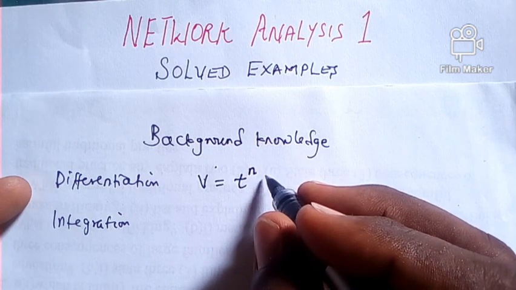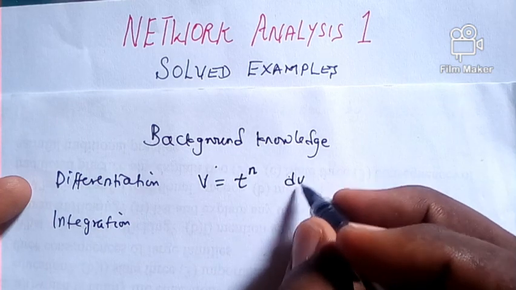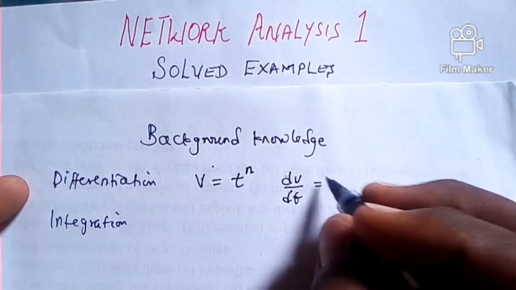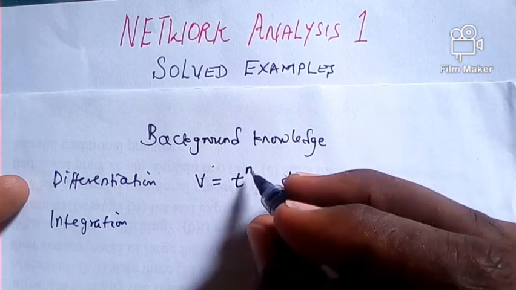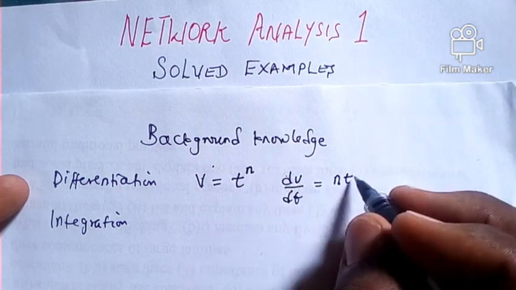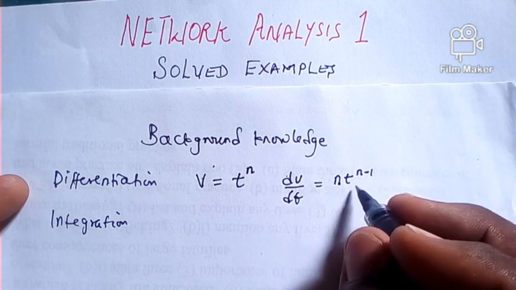That is the basic definition of differentiation. So the derivative dv/dt is going to be n times 1, because there is a 1 here, t raised to the power of n minus 1. This is the basic definition of differentiation.